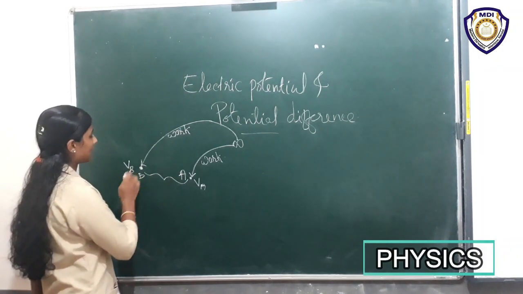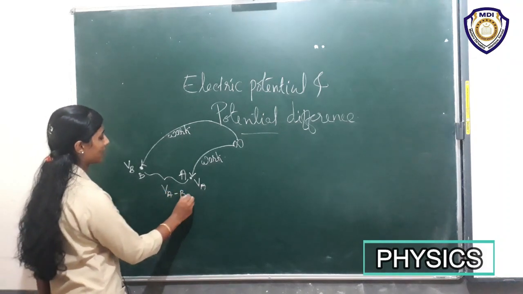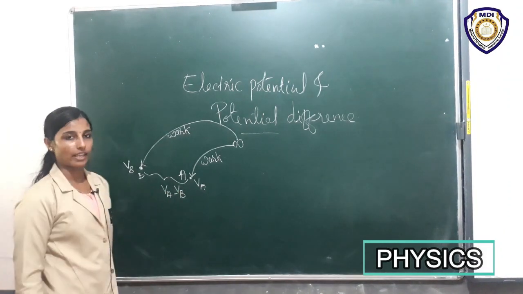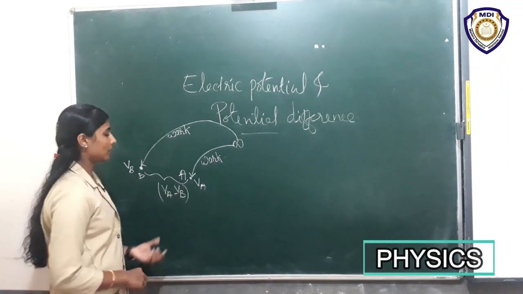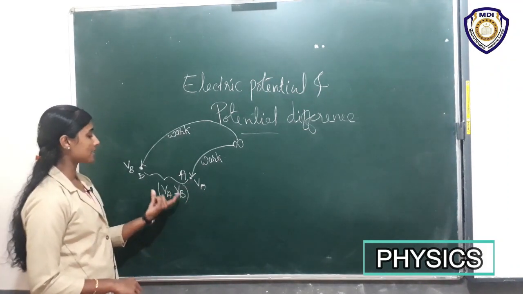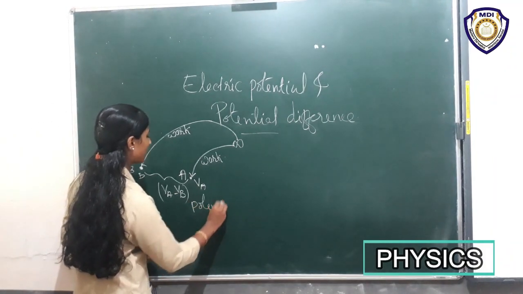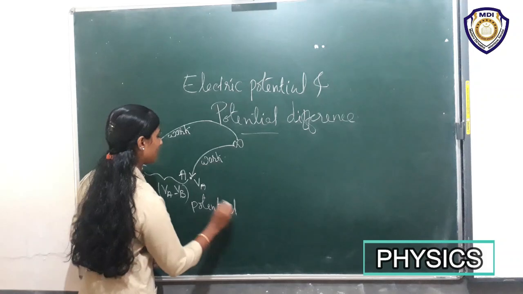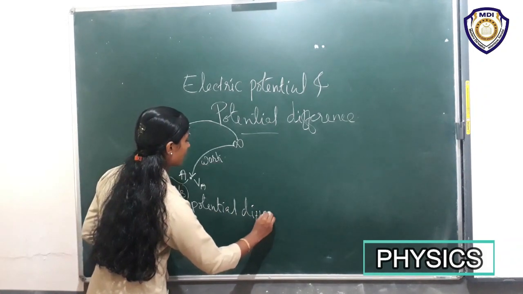It is the difference between these 2. That means VA minus VB or VB minus VA. Okay, these 2 are equal. That means this is the potential difference, that is VA minus VB.